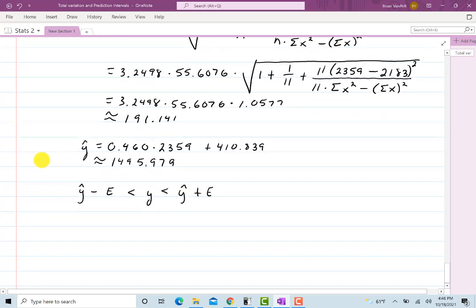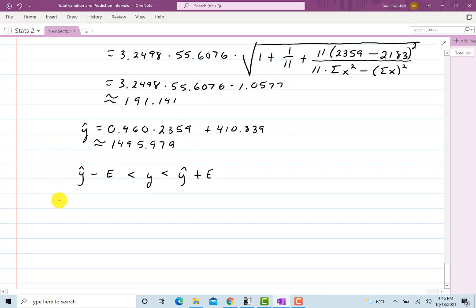So my y hat, I have 1495.979 minus 191.141, and then we have 1495.979 plus 191.141. And then all that's left is to calculate these numbers, and we'll have what we're looking for.